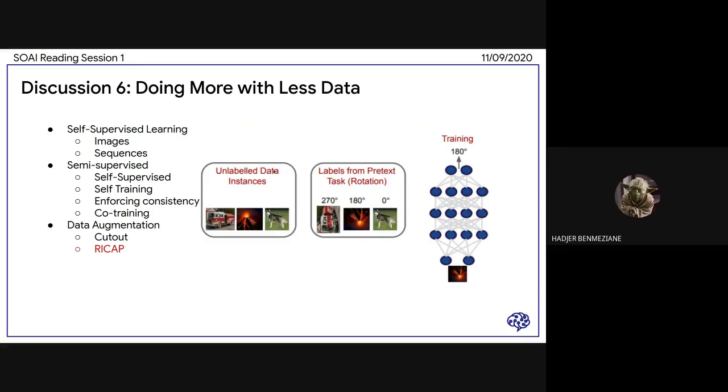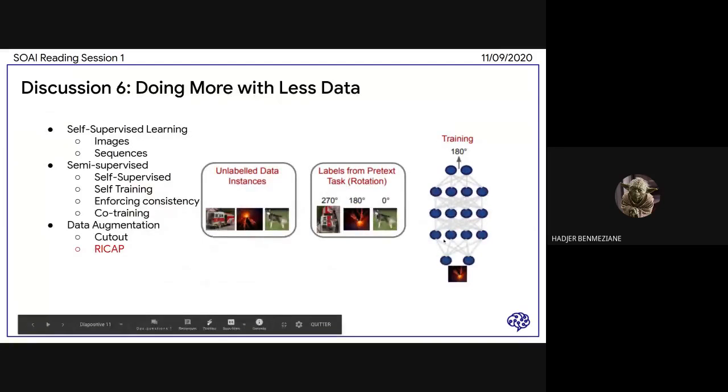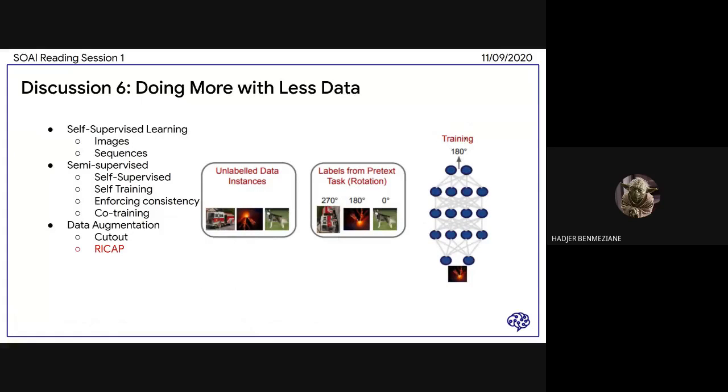Here we have unlabeled data instances, some images, and the image of the volcano is flipped 180 degrees. Then we have our model that is trying to predict by how much our image has been rotated. So this is for images, for example.